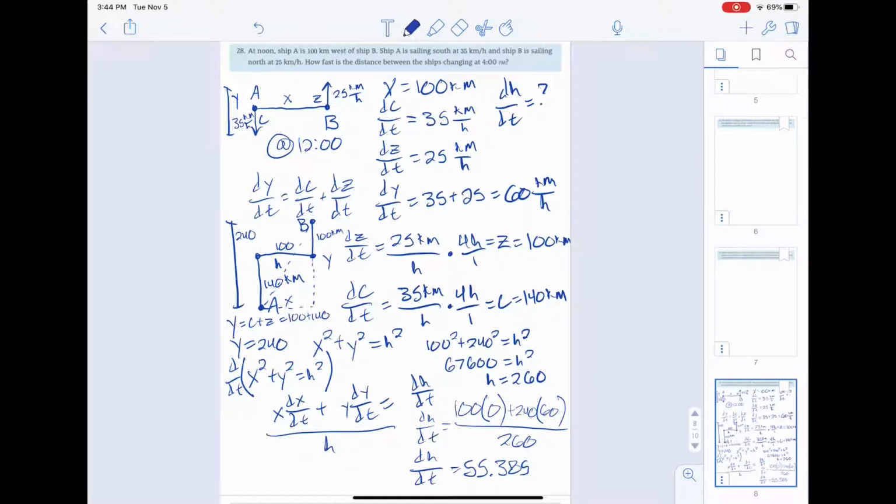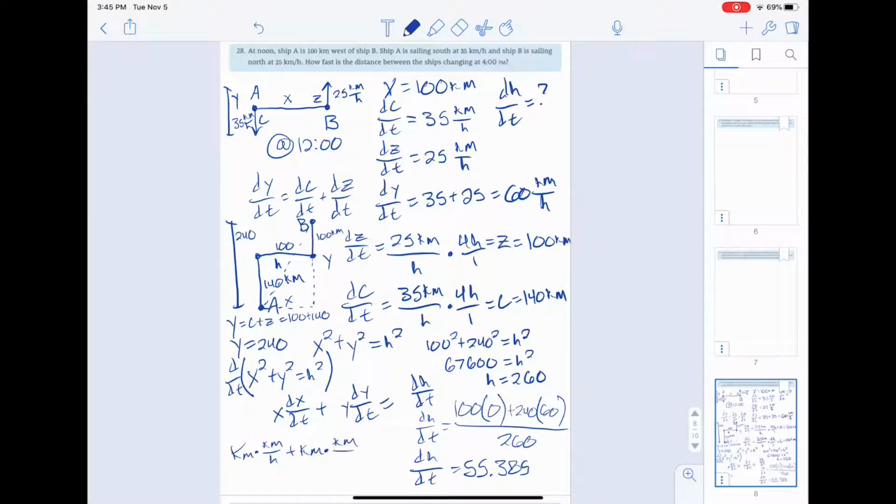Then the next thing we could do is find the units, and then we just plug our units into the same formula. So we have x is kilometers, dx is going to be kilometers an hour, and it doesn't matter that the value is 0, it's still going to be kilometers an hour.